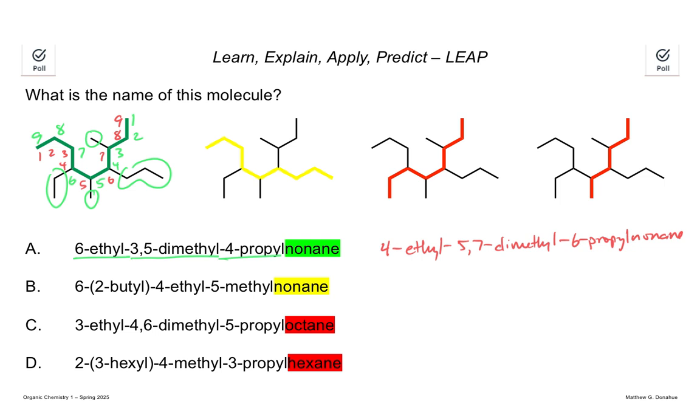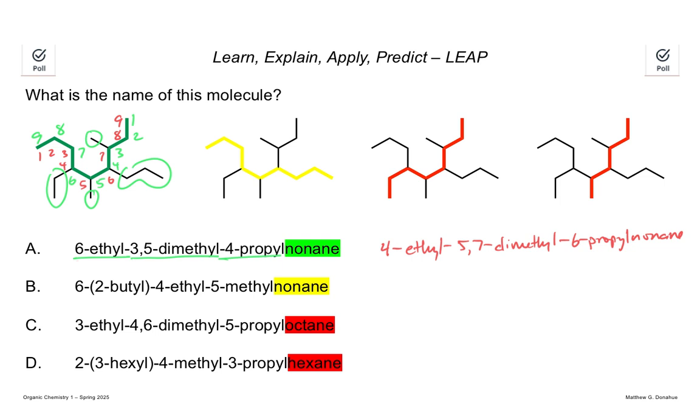So 2 things I want to point out. Of these two choices, 4 is less than 6, right? That does not matter. The way you order substituents, E ethyl, M methyl, P propyl. Substituents always are listed in alphabetical order, regardless of the number attached to them.